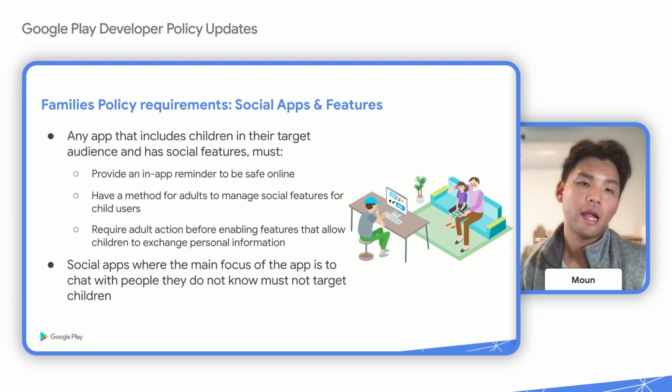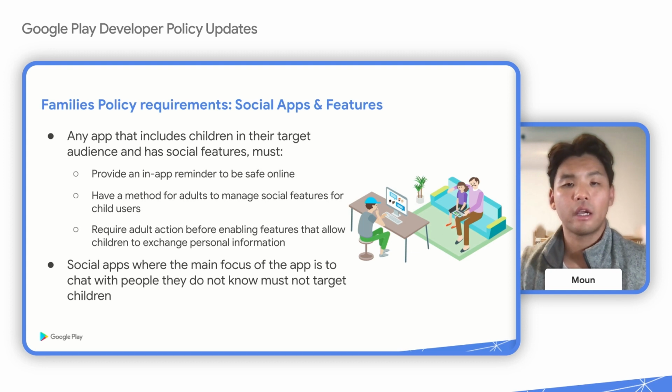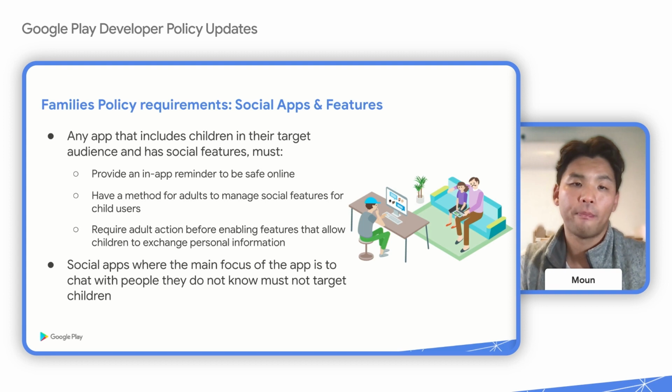So, if your apps allow users to share or exchange information, you must accurately disclose these features in the content rating questions. Any app that includes children in their target audience and has social features must provide an in-app reminder to be safe online and to be aware of the real-world risk of online interactions before allowing child users to exchange free-form media or information.